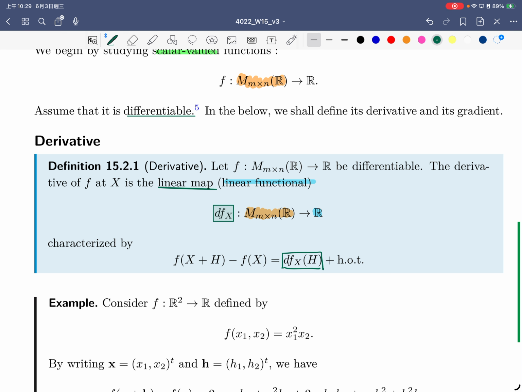You need to add some HOT, which is not hard, but higher order terms. So in other words, the derivative can't capture everything, because it's itself a linear map, so it captures all the linear terms in h, okay?